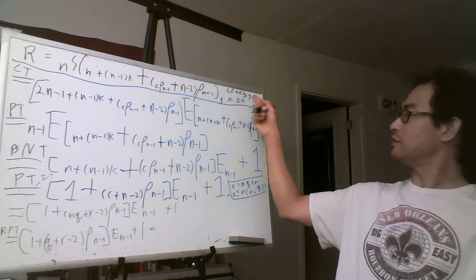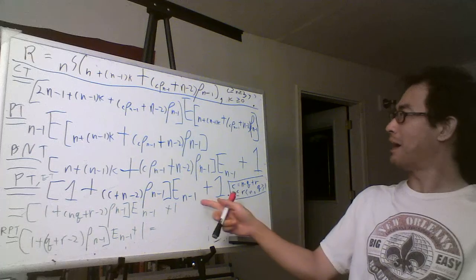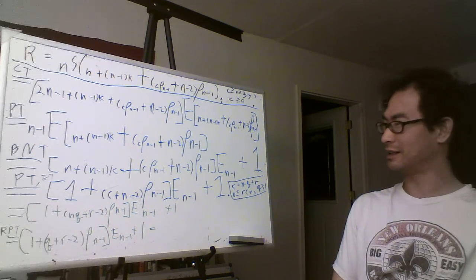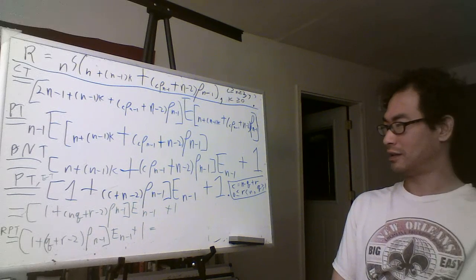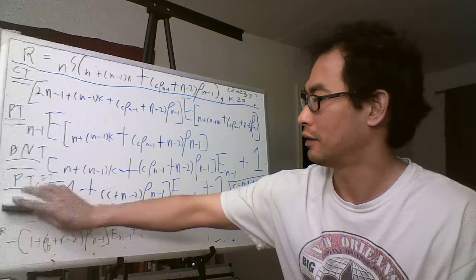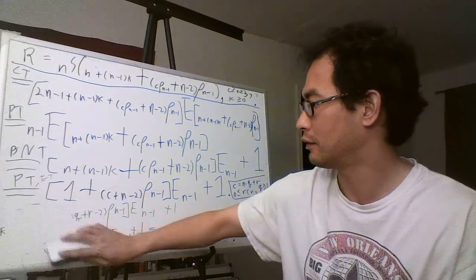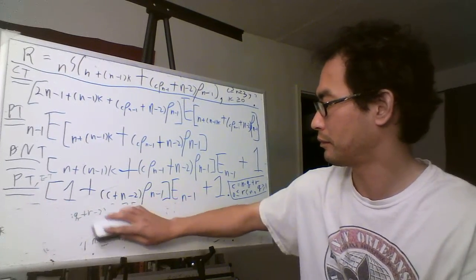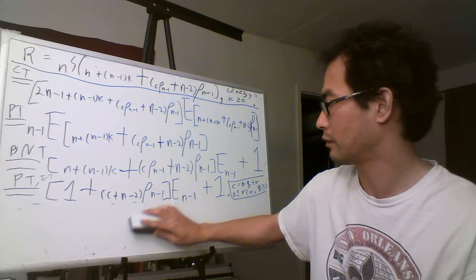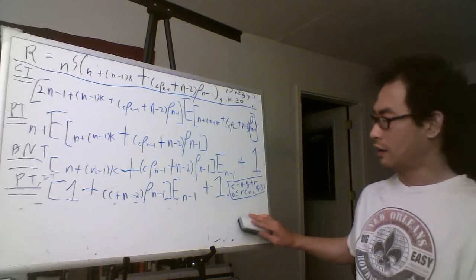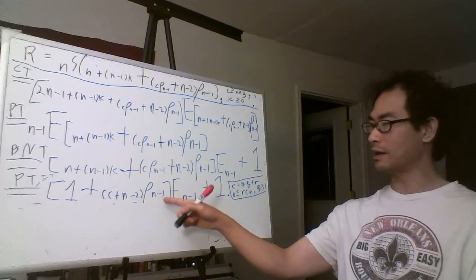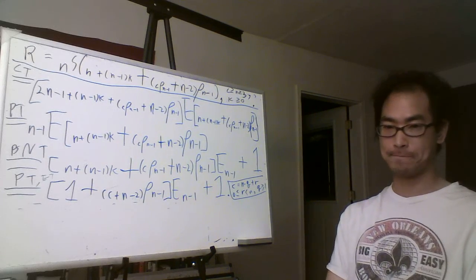So when n is 3 or more, n minus 1 is 2 or more, right? That is the key. In this step, you have rho on the right hand side, n minus 1.